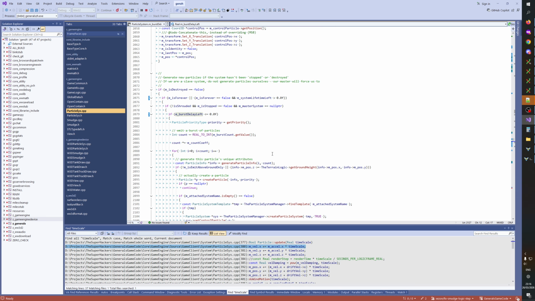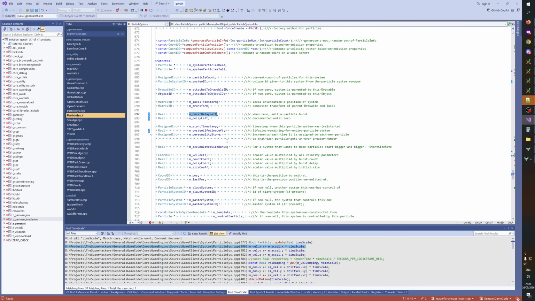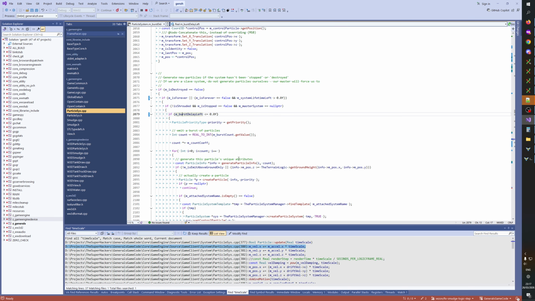I think that's what's happening here. So burst delay originally was unsigned float, right? And zero emitter particle burst. How do we solve this?